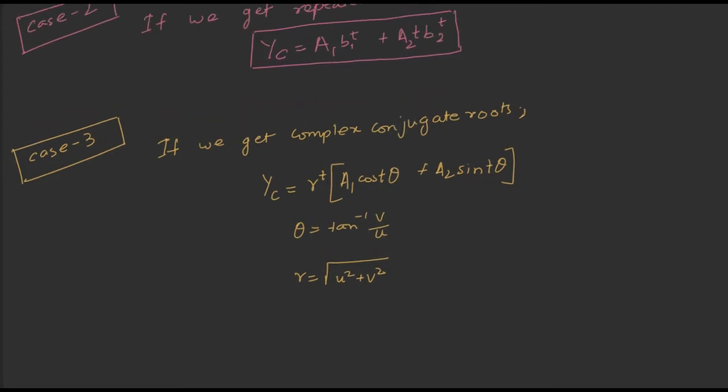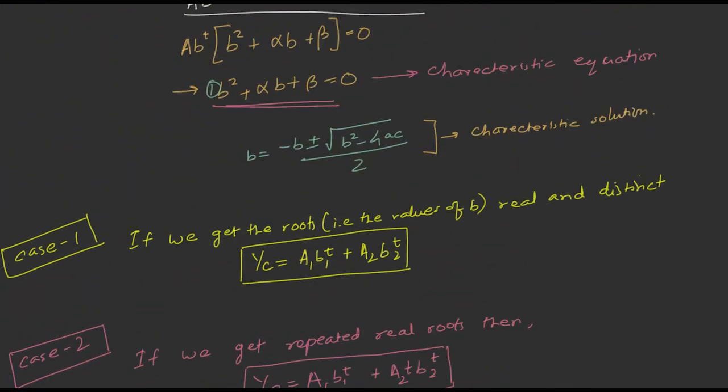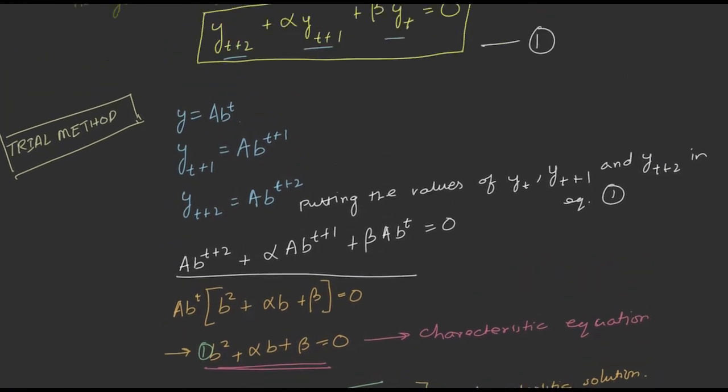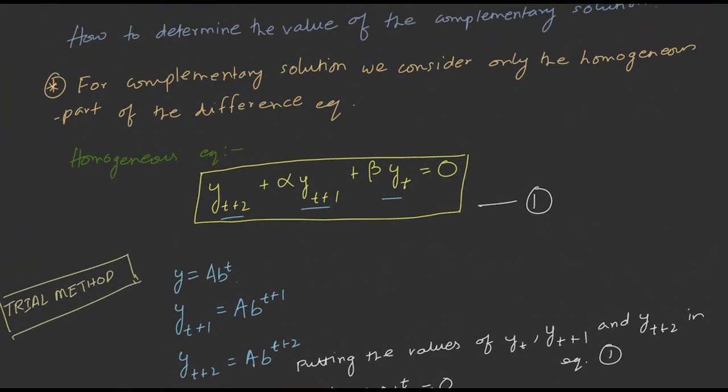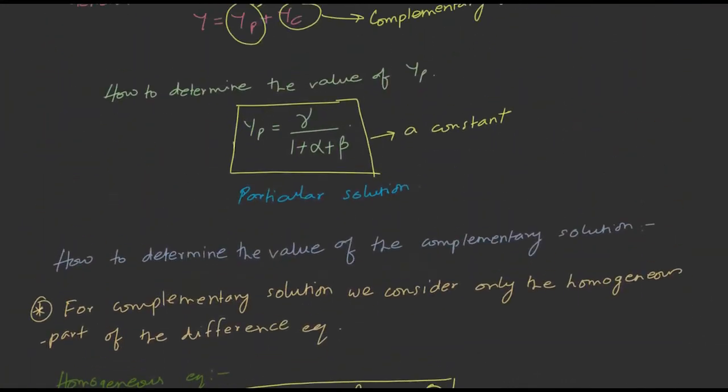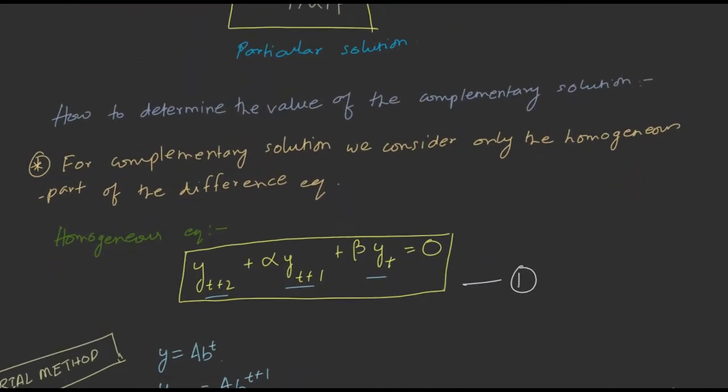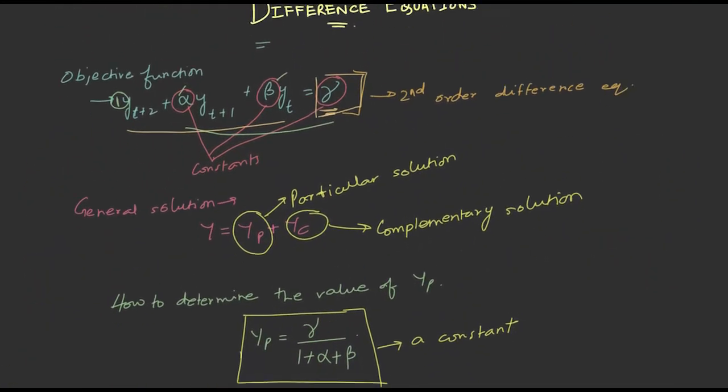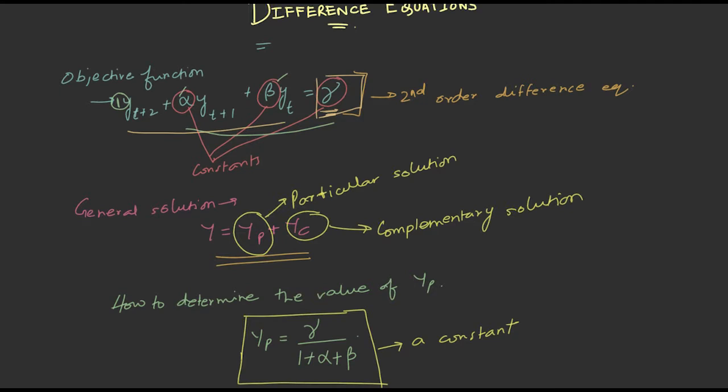So we get how to find yc and yp, and we simply add them to get the general solution. Our main objective is to find this y, the general solution.